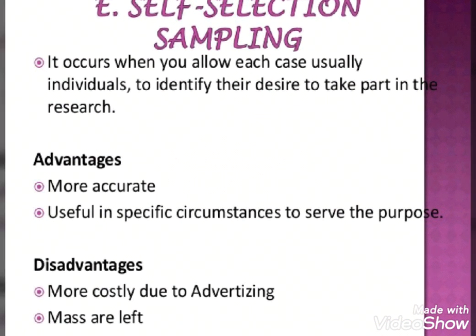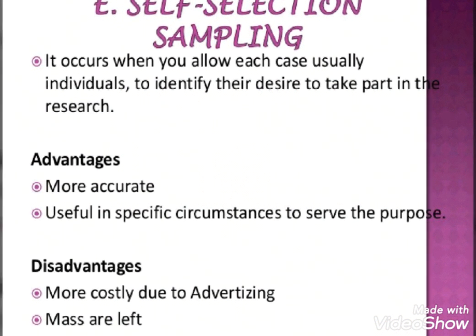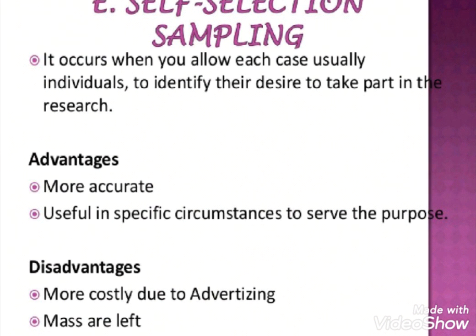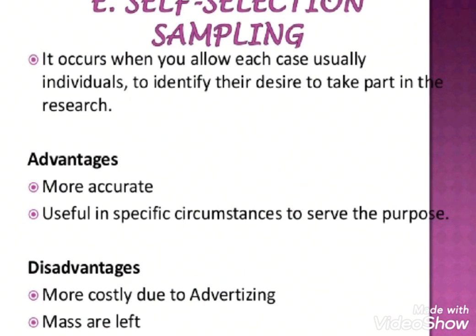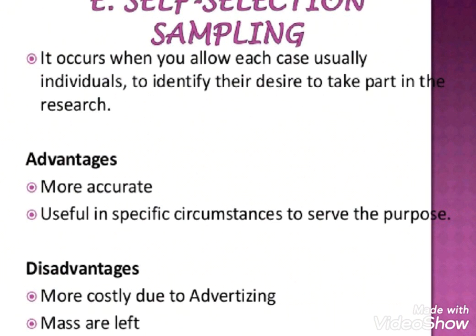Advantages: it is more accurate and useful in specific circumstances to serve the purpose. Then disadvantage: it is most costly due to advertising. Since you are using techniques like advertising, it can cost more than other sampling types. Then some people are left out, which is of no use.